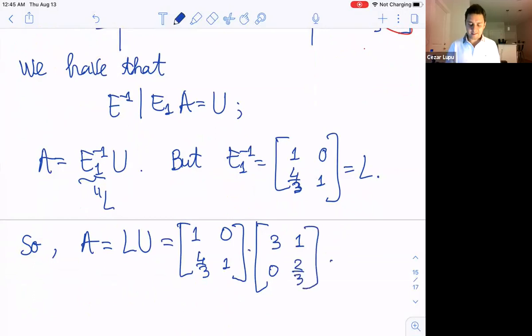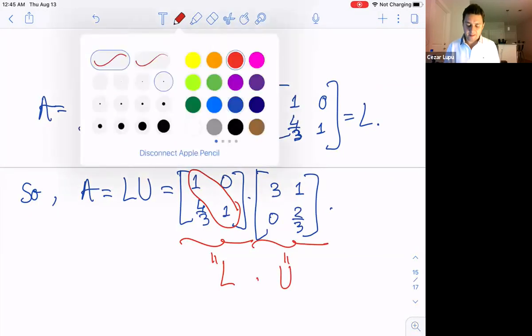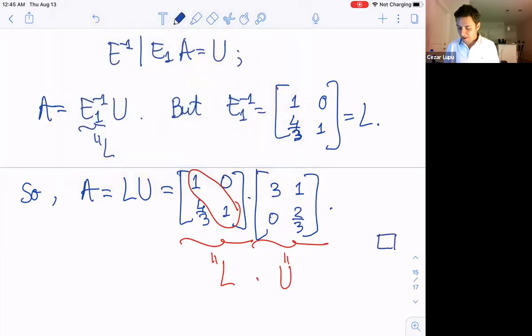As you can see, they're the same two matrices as in the previous solution. And again, on the lower triangular matrix, I have these ones here. So this is L, and this is U. That's it. The solution for this problem ends here.